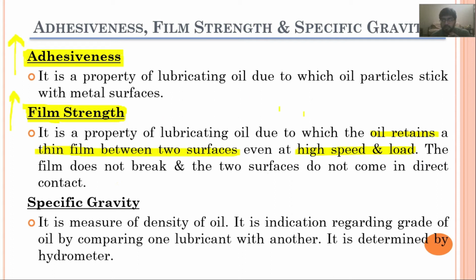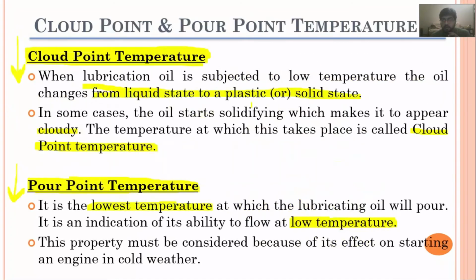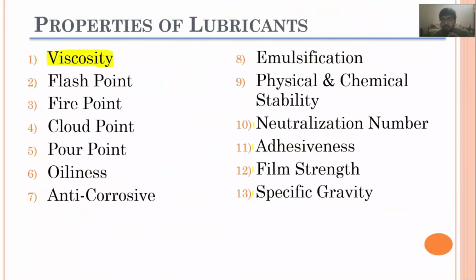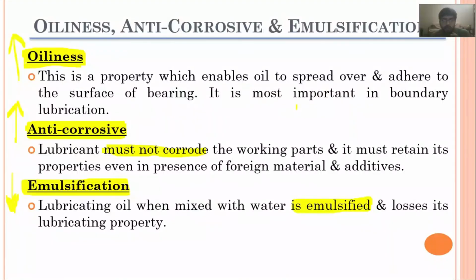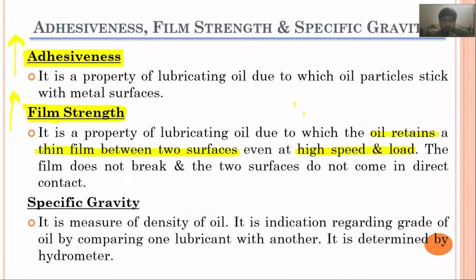Means, as I mentioned earlier in the diagram I drew, the cylinder and piston should not come in contact with each other. The lubrication oil should form a film in between these two moving components. So this is what we're talking about in the film strength. Your lubrication oil should have a higher film strength.